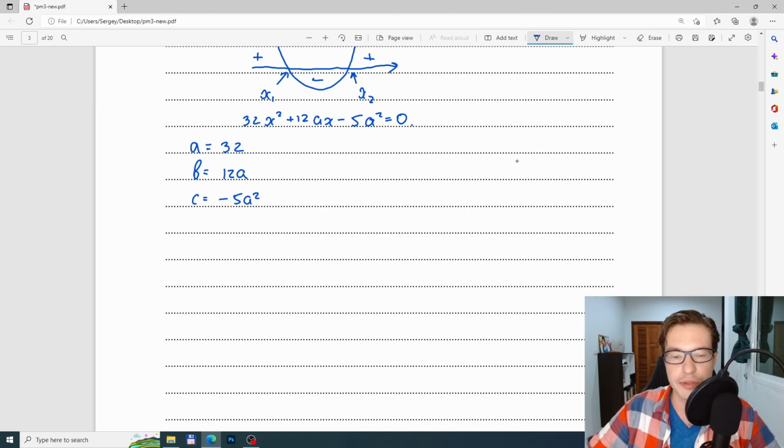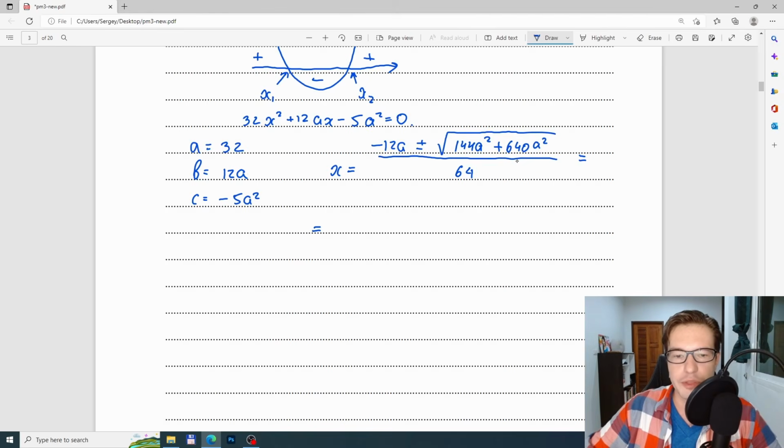And then when I substitute it into the quadratic formula, I will get minus 12a plus or minus the square root of 144a squared plus 640a squared, and all of this over 2a, which is 64.